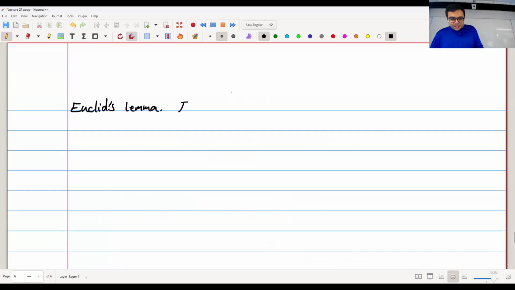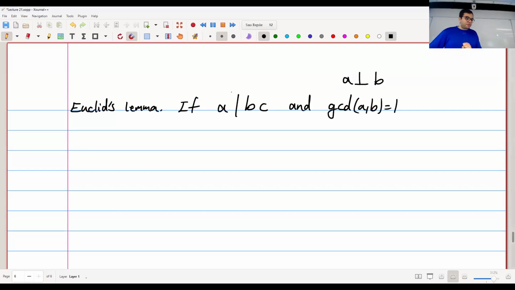So it says this. It says if A divides BC, and if the GCD of A and B is 1, or in other words, A is co-prime with B, then A must divide C.